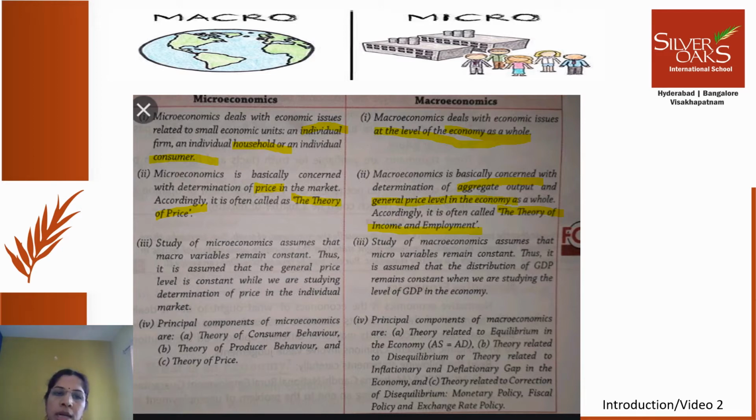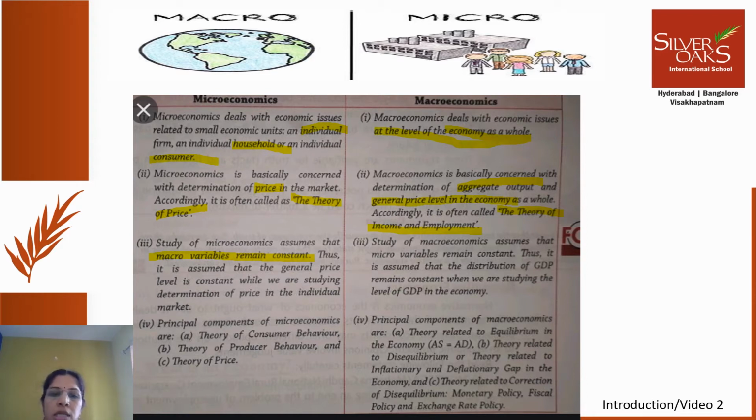Now, when you are studying microeconomics, you will assume all the macro variables as constant. What are macro variables? It can be the GDP, employment, general price level, or inflation. All these are macro variables. We assume that all these variables remain constant when we are studying any microeconomic phenomenon.